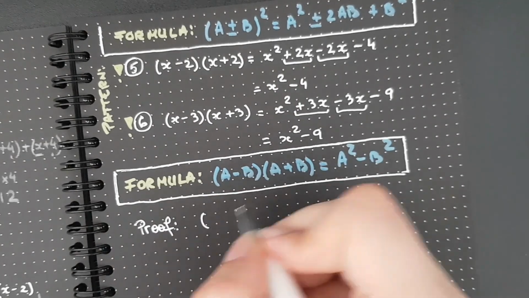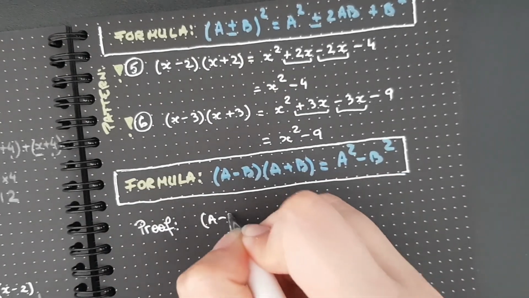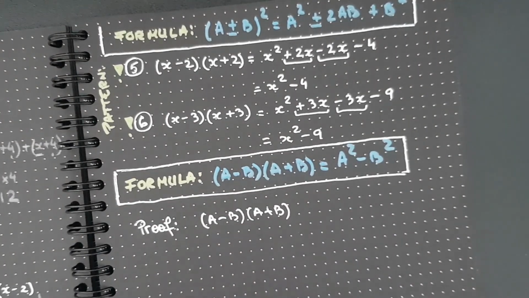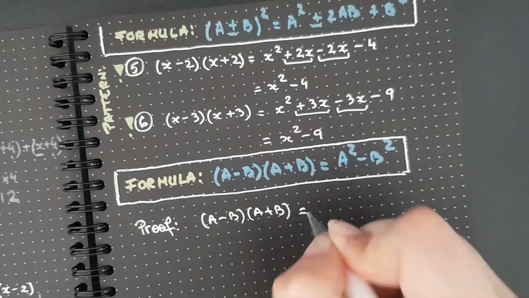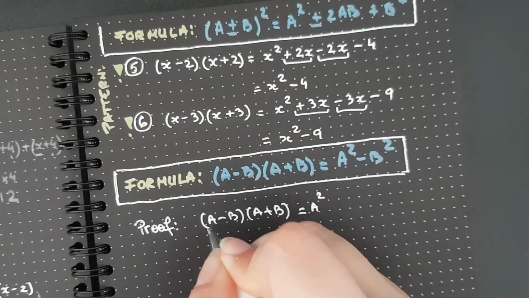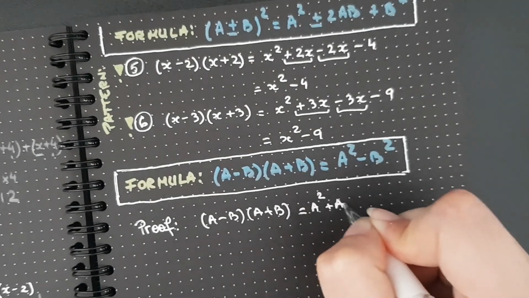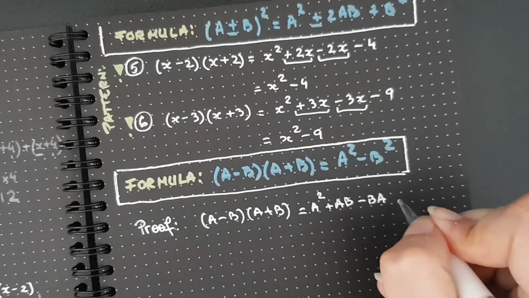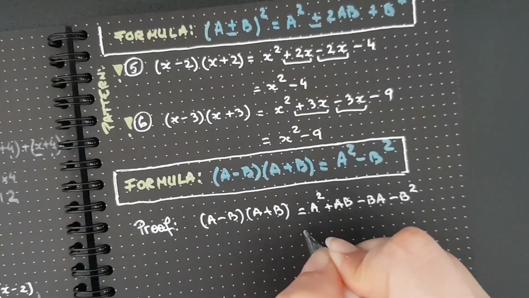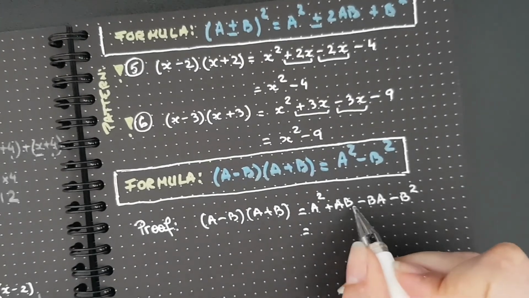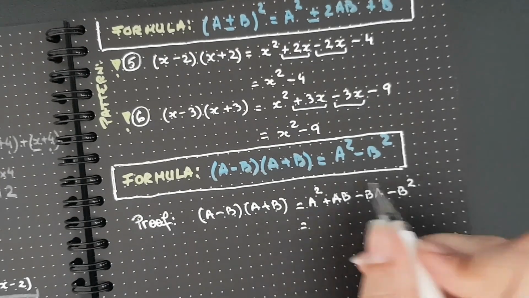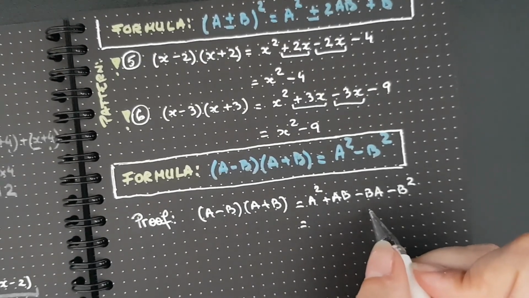So I am going to start on the brackets, and I'm just going to multiply the brackets. So I've got a squared, ab, ba with a takeaway, and b squared. Now ab and ba in our specific example over here, they're exactly the same thing.